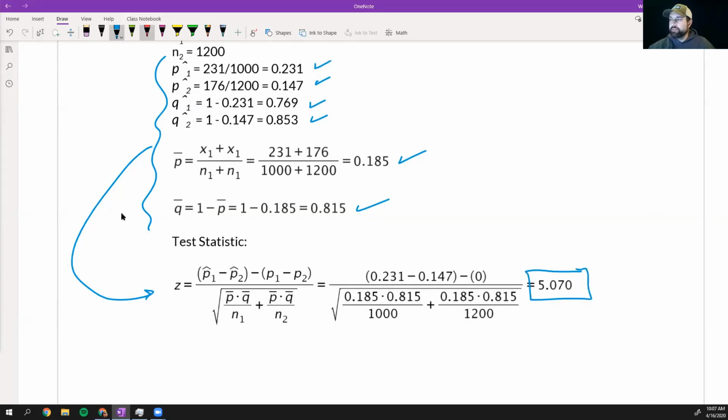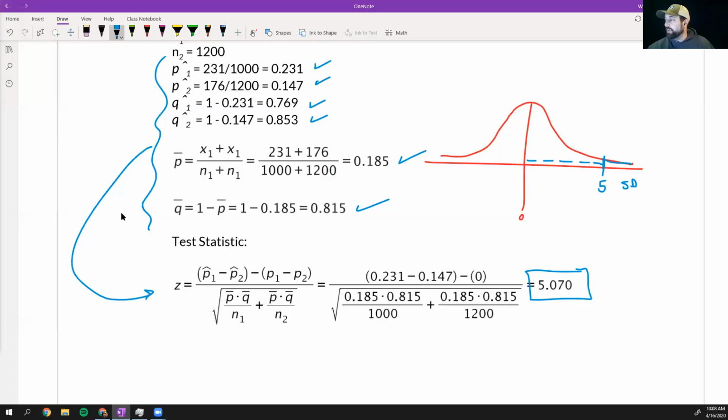Once again, this z-score means that if there's a population with no difference between the two, our sample is out here at 5 standard deviations away from the mean: 1, 2, 3, 4, 5 standard deviations above the population proportion is where our data is.